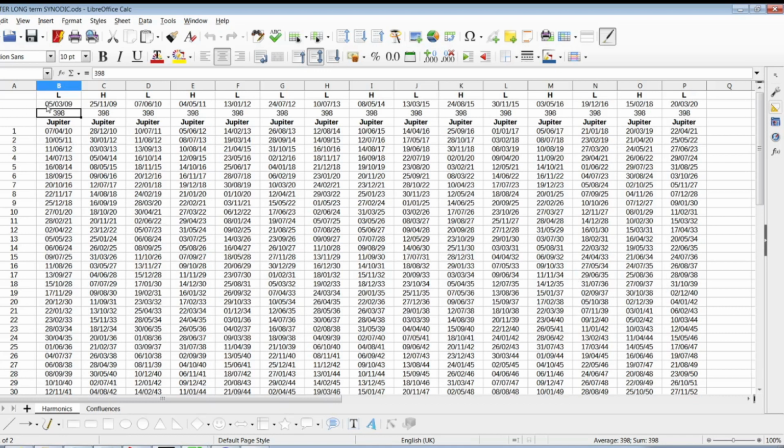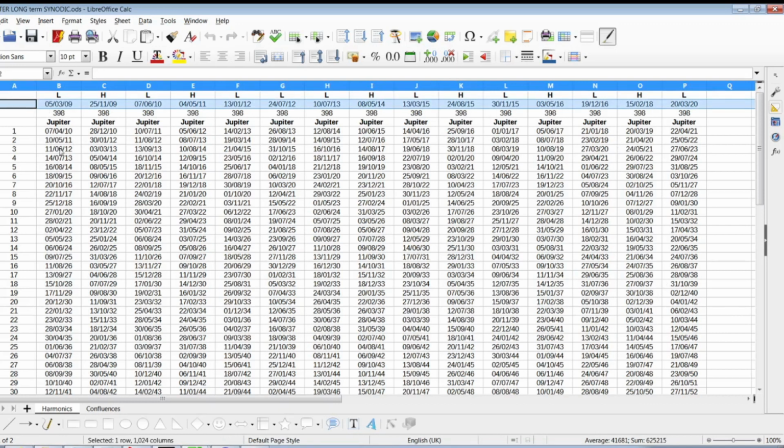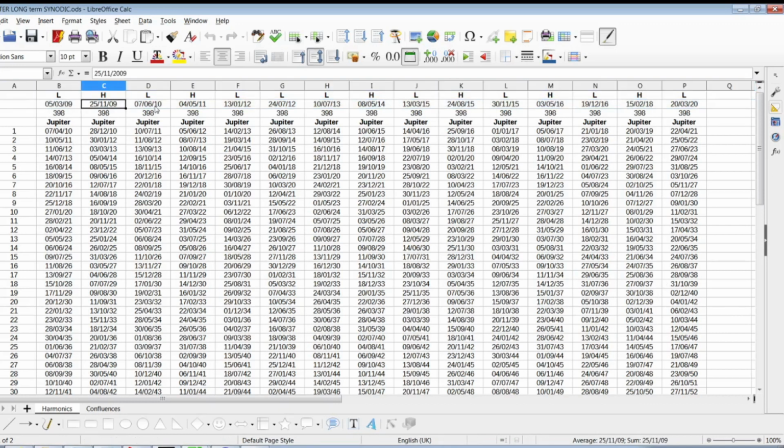In row number 2, I've got all the important turning points of EURUSD which happened in the last 11 years, starting from 5th of March 2009, 25th of November 2009, low, high, low, high. I took them randomly. I took some tops and bottoms of EURUSD which I consider important.